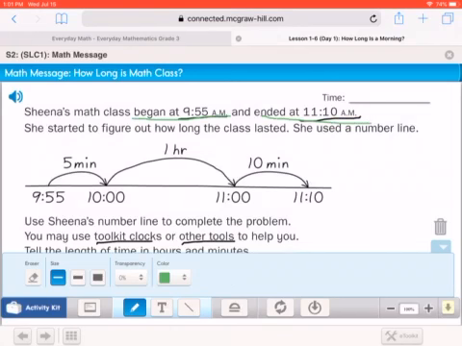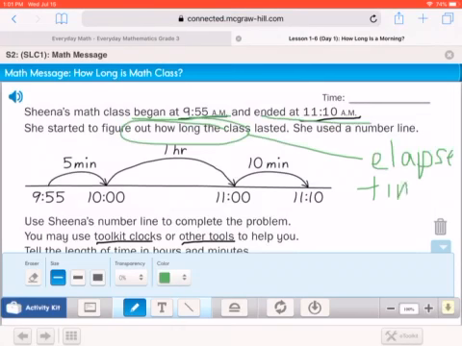She's trying to figure out how long, and we'll just circle the math words, how long class lasted. So that tells us she's looking for the elapsed time. Do you remember that word from yesterday? Okay? That doesn't mean we need to be worried because it's a big scary word. That means we're looking for the difference. Okay? It just means we're looking for the difference. Okay, and I shortened that word to diff.